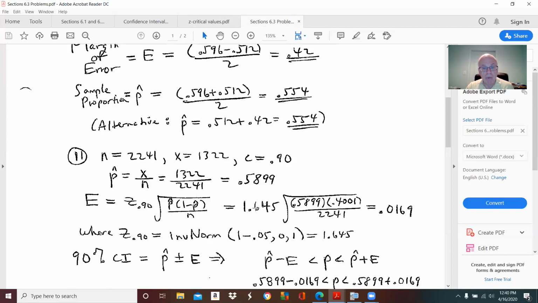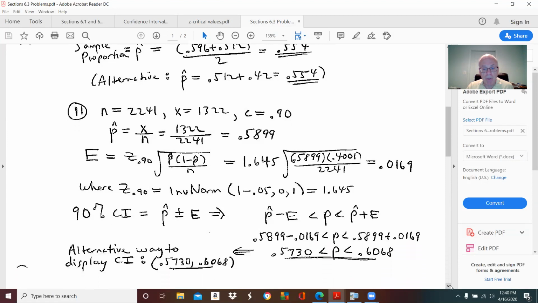When we multiply this with our calculator, rounding to 4 decimal places, we get 0.0169. Then we take this 0.0169 and subtract it from p hat for our left endpoint, and add it to p hat for our right endpoint. And so we end up with the left endpoint 0.5730 and the right endpoint 0.6068.